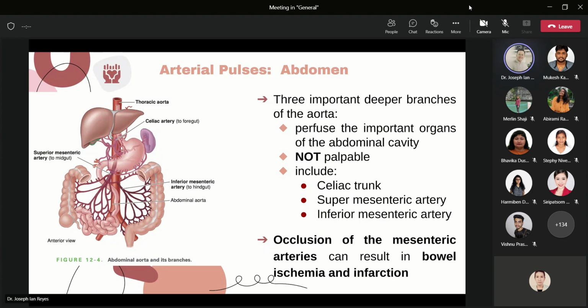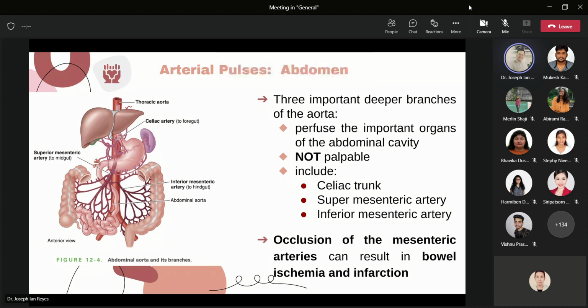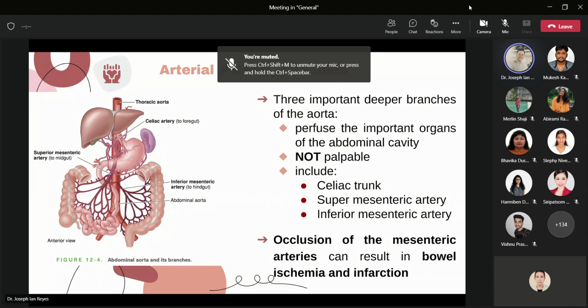You have your liver, gallbladder, pancreas, and spleen. Don't miss out on anything, because in the exam we might give you just the spleen, or just the liver. Not everything would be listed. So for the foregut, you have your esophagus, stomach, proximal duodenum, liver, gallbladder, pancreas, and spleen.